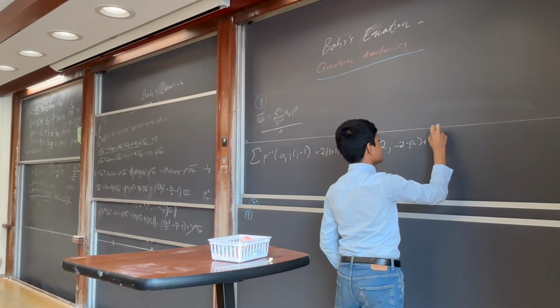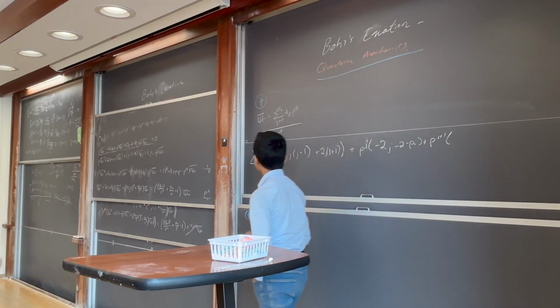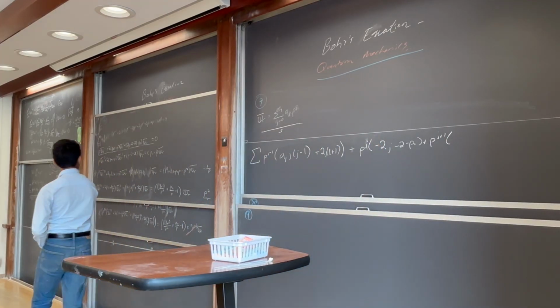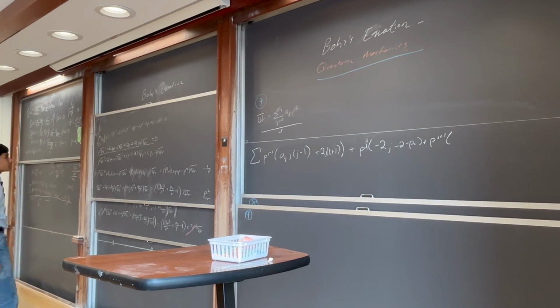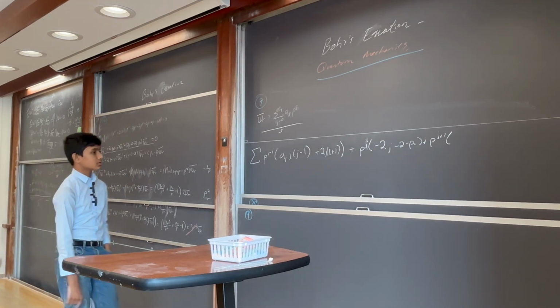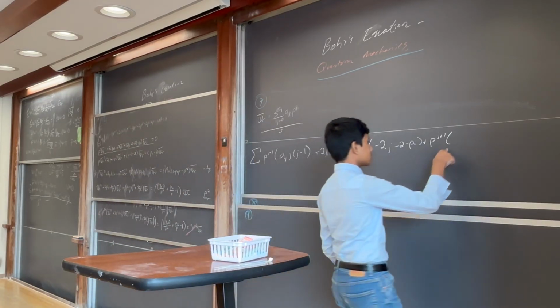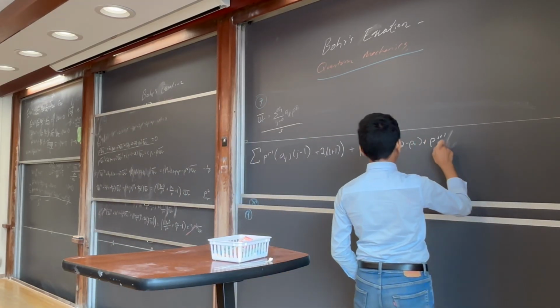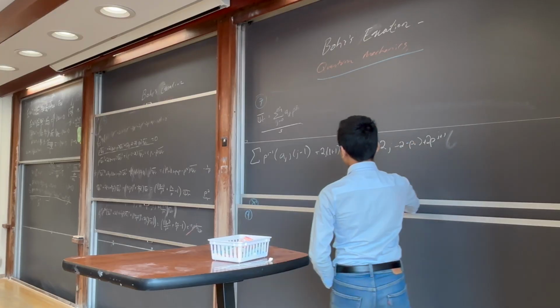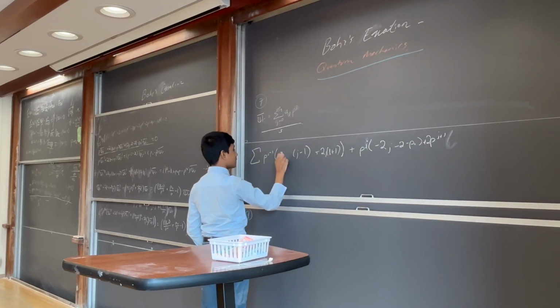Plus rho to the j plus 1, two, it's just 2. And, okay, this should all be multiplied by a_j.